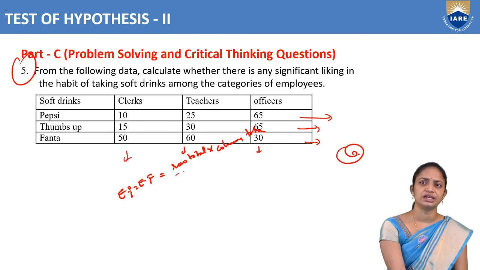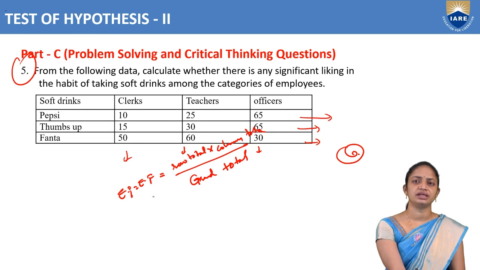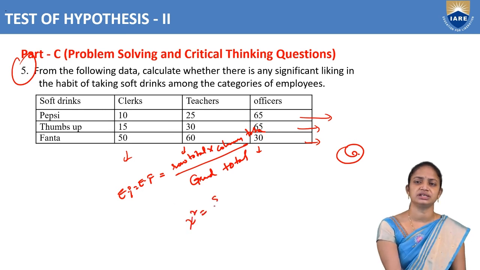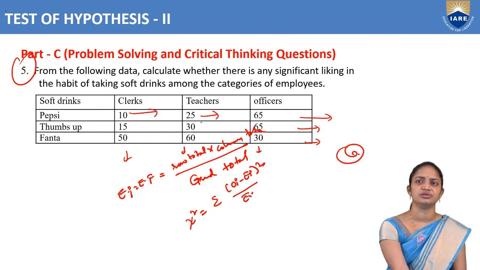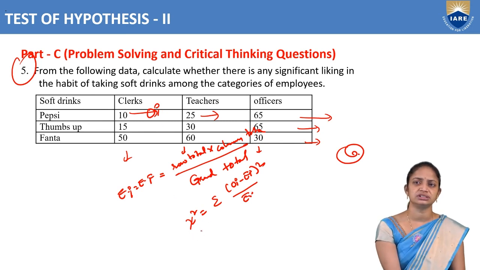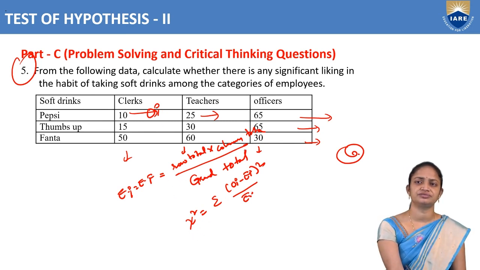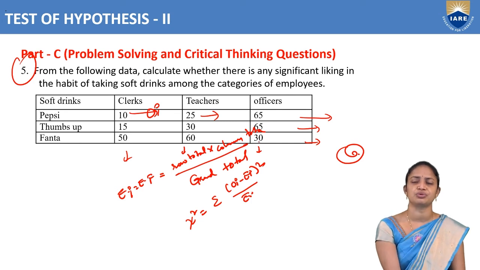Row total into column total divided by grand total, this is for finding the expected frequency. The main formula is summation OI minus EI whole square by EI. Here these are all OI values. Given frequencies are always observed frequencies, and for expected frequencies we use the row total into column total divided by grand total formula.